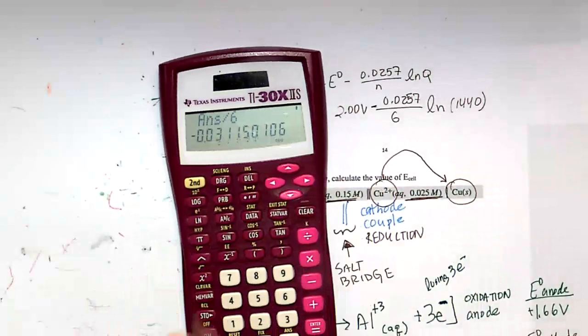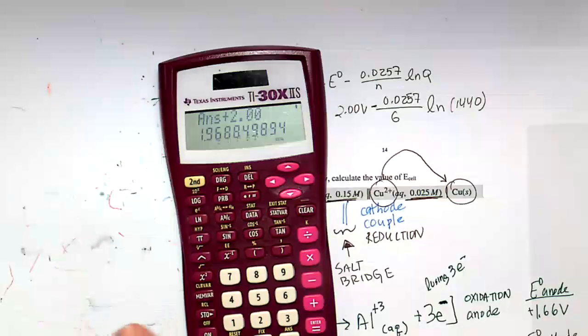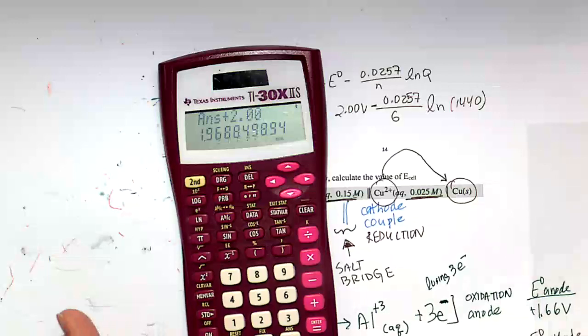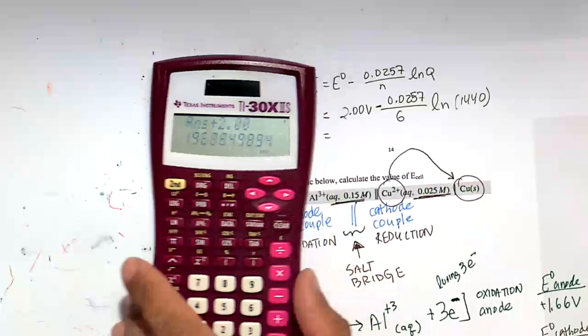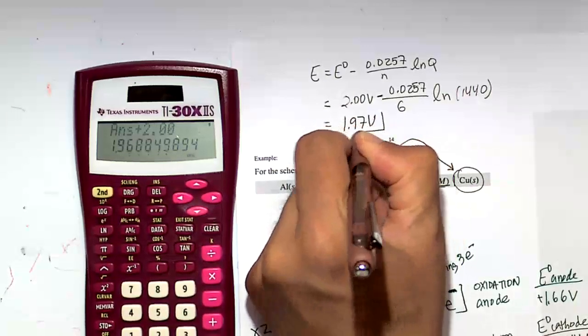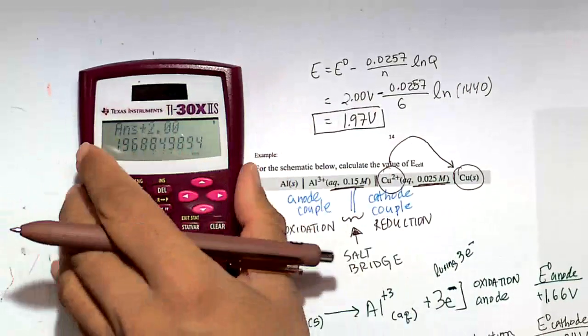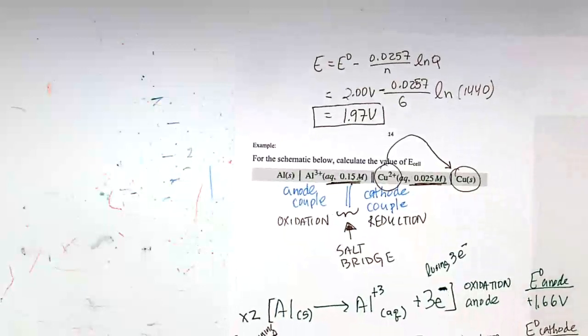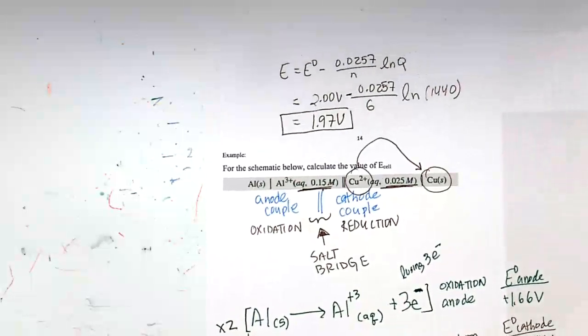Look at the sign in front, it's positive. So plus a positive 2, again 1.97 volts. And that looks to be my answer, 1.97 volts. So under these conditions, it's positive 1.97 volts, and this is spontaneous.